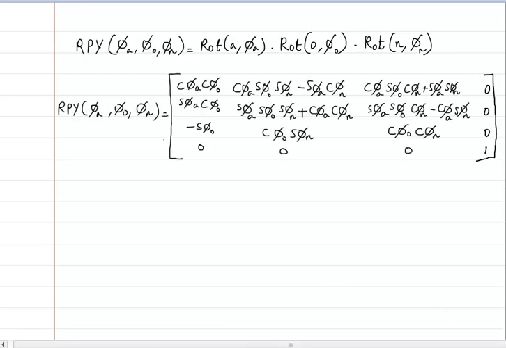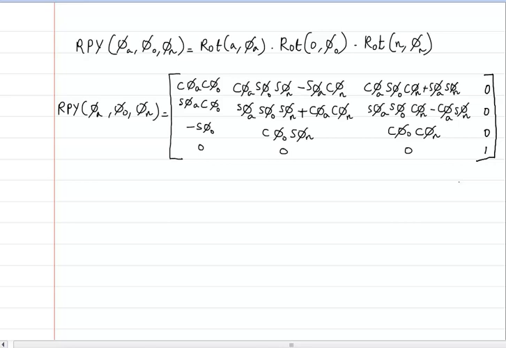It is cos of phi A, cos of phi O, sine of phi A, cos of phi O, minus sine of phi O, 0. Similarly the second, the third column, and finally the position column. You can see the position has not changed. That's why the position is shown as 0, 0, 0 with a scaling factor of 1.